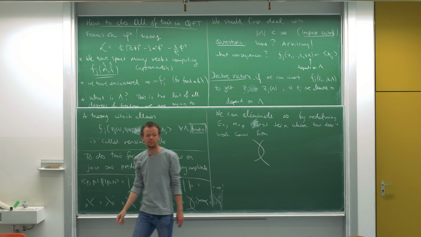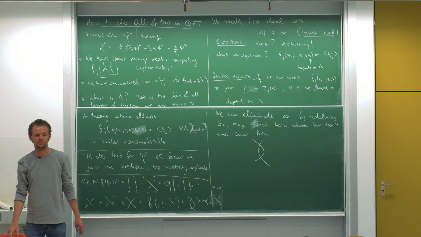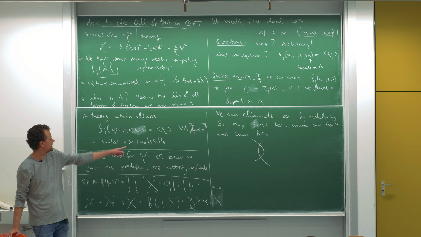So the first term where we can't get rid of the infinity by redefining the mass parameter or the ground state energy parameter is that diagram right there.